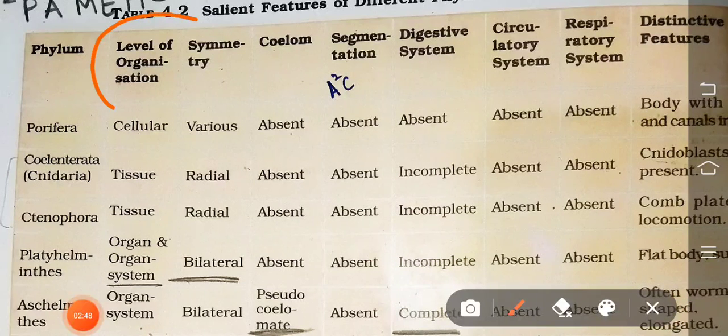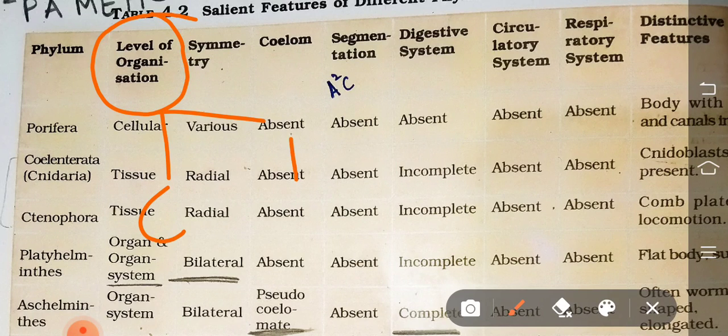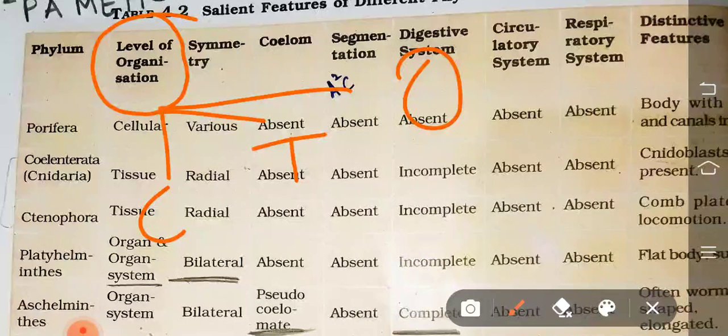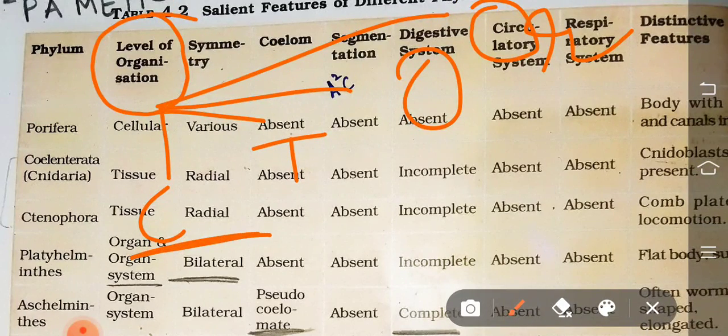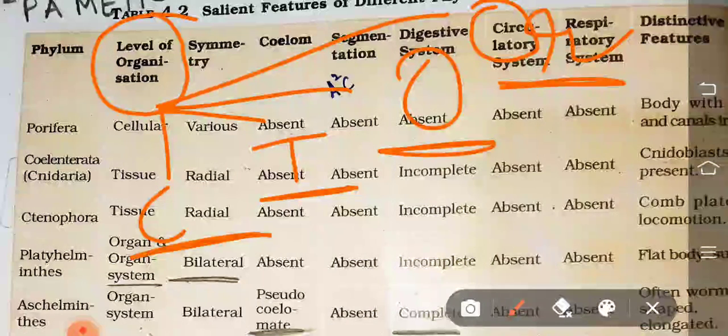This is level of organization. What is this level of organization? Basically, there are some levels of organization which we will be discussing. So one is the cellular level, then the tissue level, then the organ level, and the organ system.